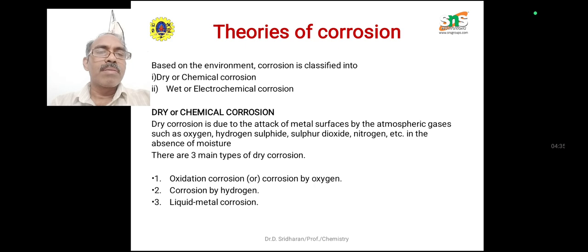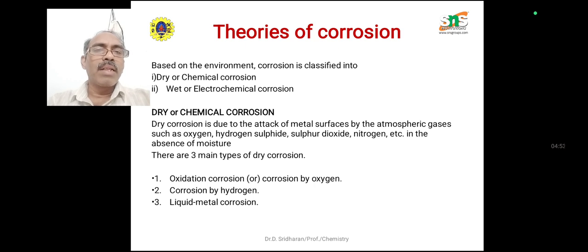Theories of corrosion. Based on the environment, corrosion is classified into two types: dry or chemical corrosion, and wet or electrochemical corrosion.